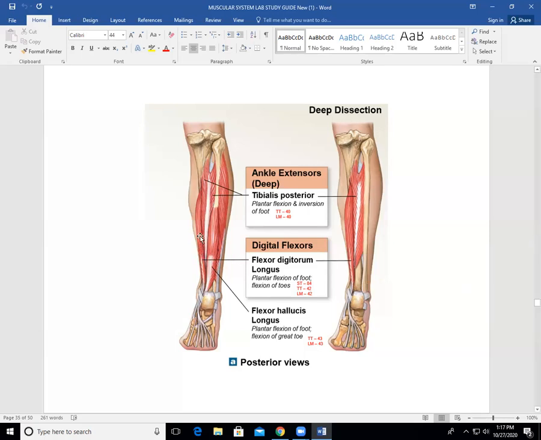You can see a bit of this digital flexor, flexor digitorum longus, involved in plantar flexion as well as flexion of your toes. And flexor hallucis longus. It's involved in plantar flexion of the foot and flexion of your great toe.